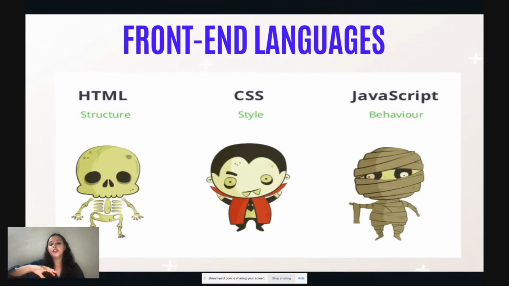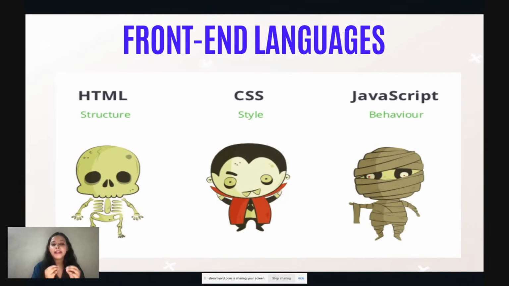And after making it look like a mummy, you will add some functionality and behavior to the mummy, like it glows in the dark, or its eyes become red as soon as it comes in the light. Okay, so just like this, just like we have made the mummy, we make the websites.